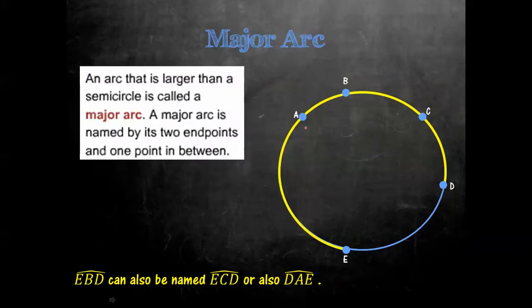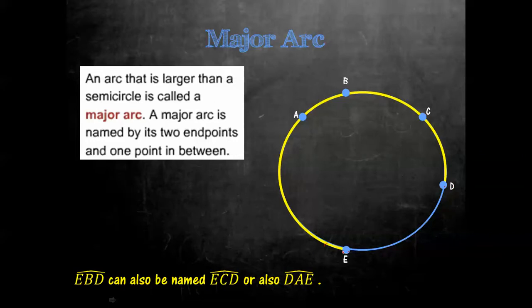A major arc is an arc that's larger than a semicircle. It's named by its 2 endpoints and 1 point in between. So for example, here, the yellow line is a major arc. It's bigger than a semicircle. So we want to make sure we have E and D on the edges, and then we can pick any of these points in between.